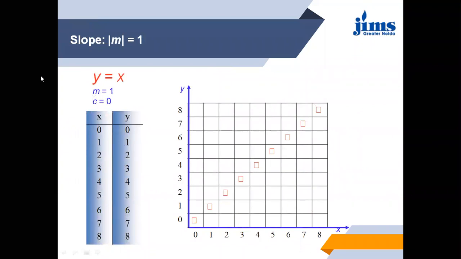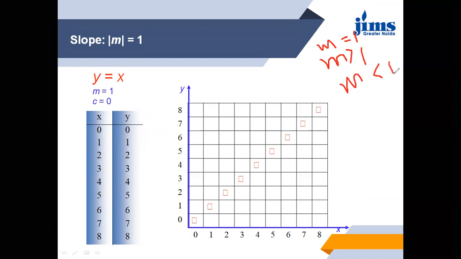Now I will tell you what happens when the value of m, meaning the slope of the line, is 1. We discussed three conditions in the last slide: the value of m is equal to 1, greater than 1, and less than 1.